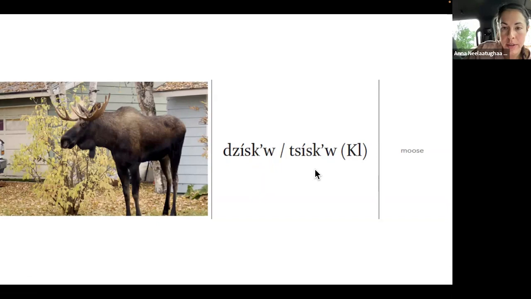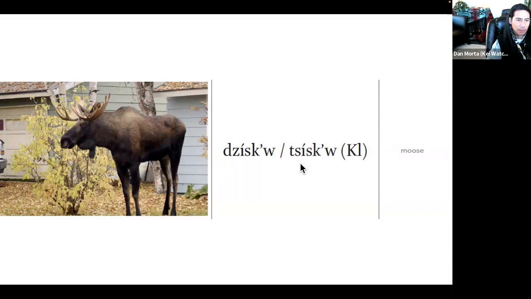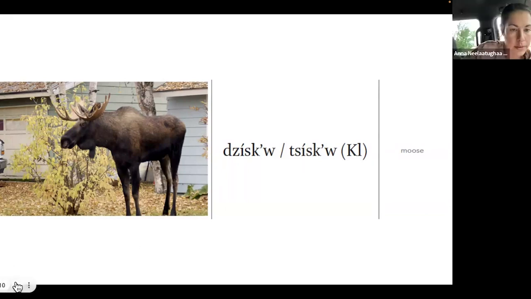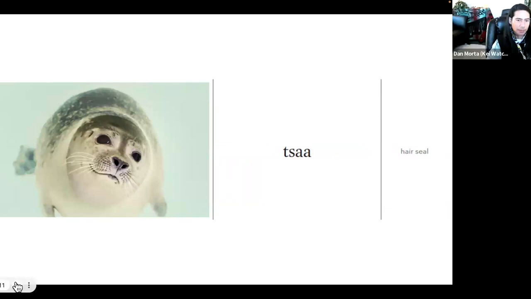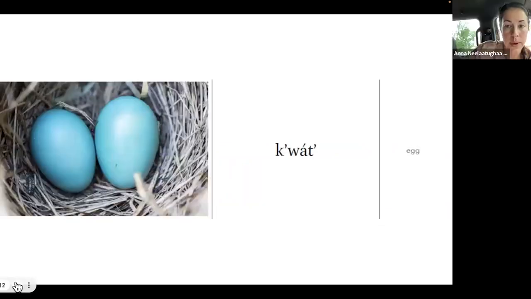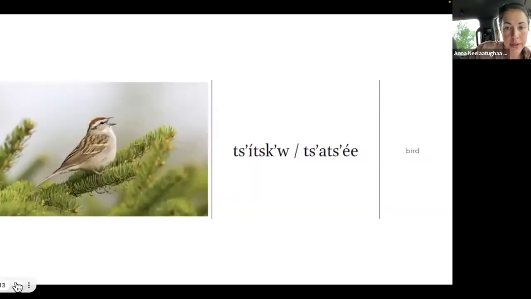And then in Tlakwan, instead of a DZ, you would say TS, which is really similar sounding, but let's practice it. Repeat after me. Tsisk. Good.